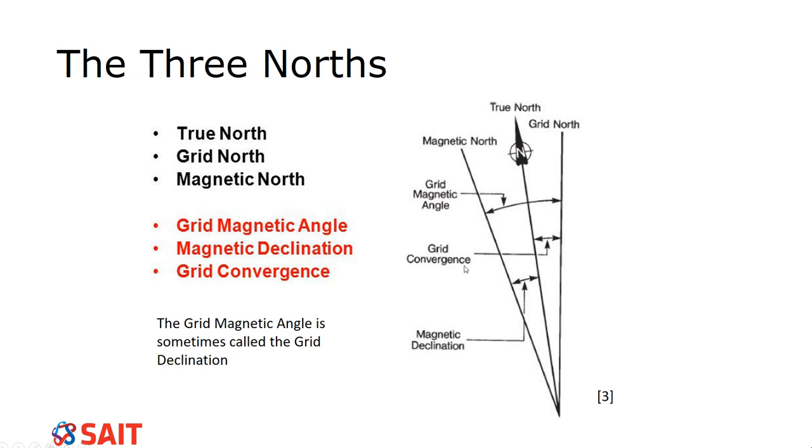So the grid declination or the grid magnetic angle, and the magnetic declination, both of those change. The only one that stays the same is the grid convergence, because of not having to rely on the magnetic north. So these are the three norths that we're going to be using to calculate between.